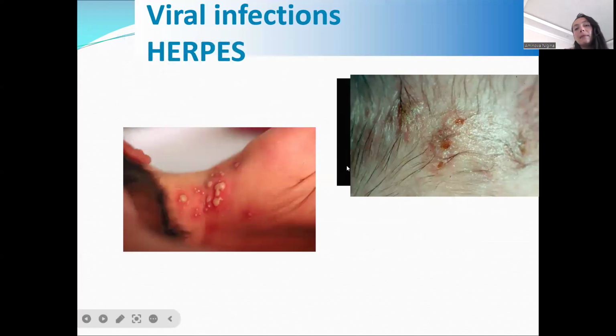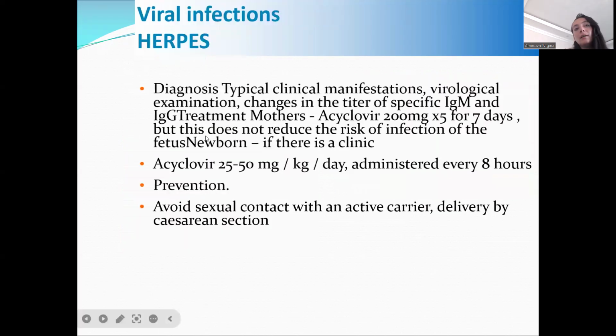You can see the rash characteristic for herpes virus. Diagnosis commonly is by virological examination and sometimes changes in the titer of specific immunoglobulin M, G, and treatment includes acyclovir.